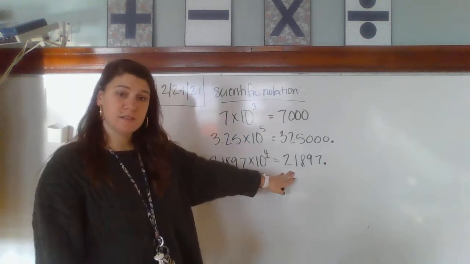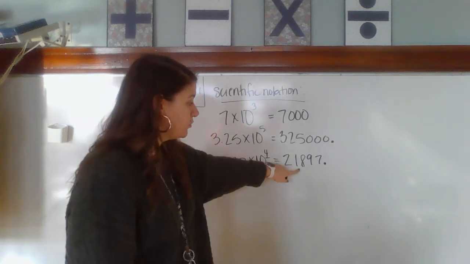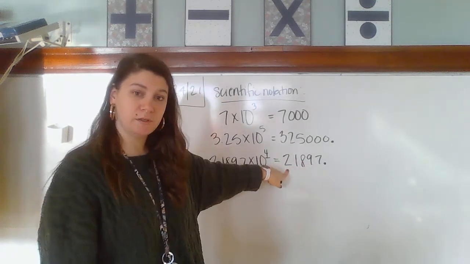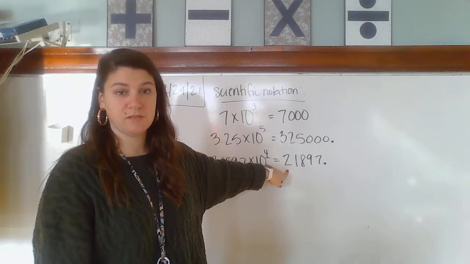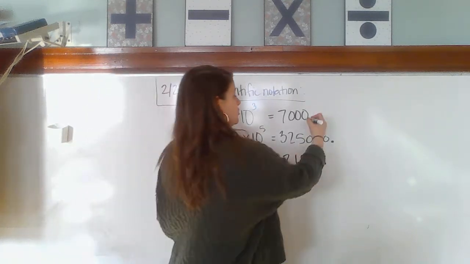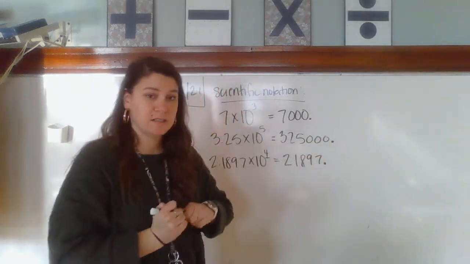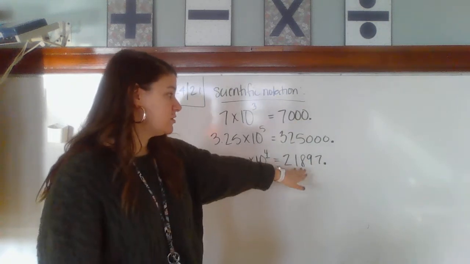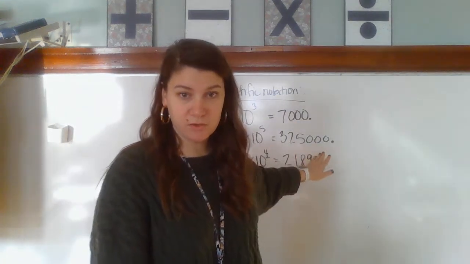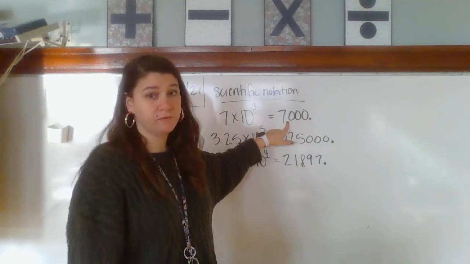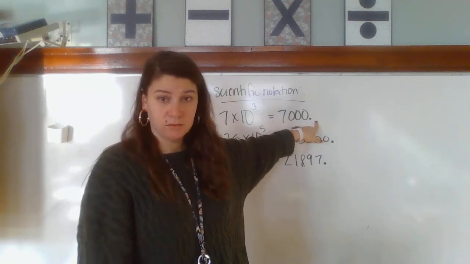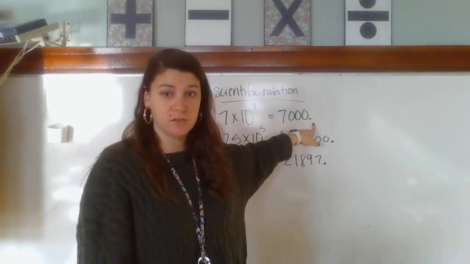There are no zeros in the standard form, but there are 4 numbers behind that first one because I moved my decimal place 4. Now, the other thing I'm going to reiterate, you'll notice that the decimal points are at the end of each of these numbers. These are whole numbers. These are not decimals. We moved them from between the first 2 to the end. Move them from where they start to the end.